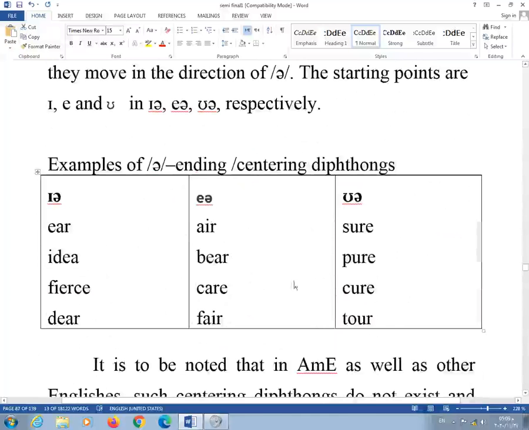Again, can you repeat after me: ear, idea, fierce, dear, bear, care, fair, sure, poor, cure, tour. Okay.